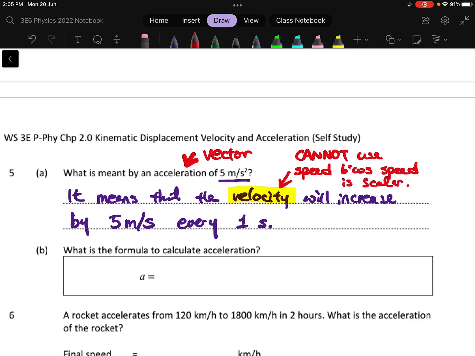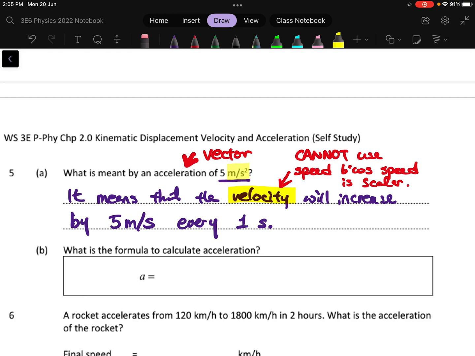If you say that it means the speed will increase every second, you are using a scalar quantity. Speed is a scalar quantity. So how can you produce a vector quantity, which is acceleration, with a scalar quantity, right? It cannot happen, right?